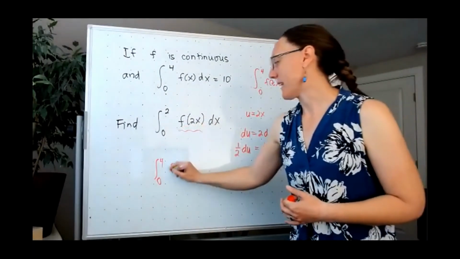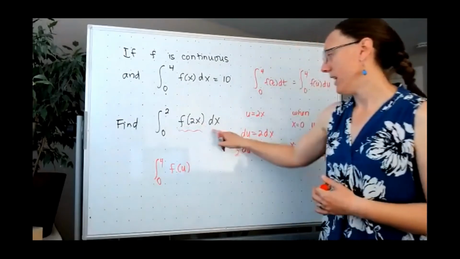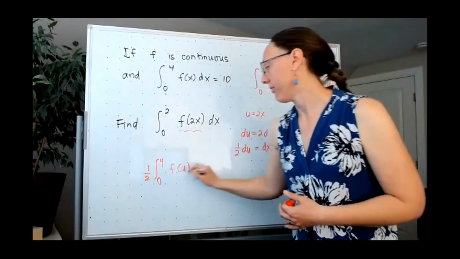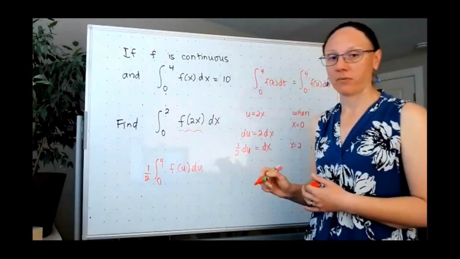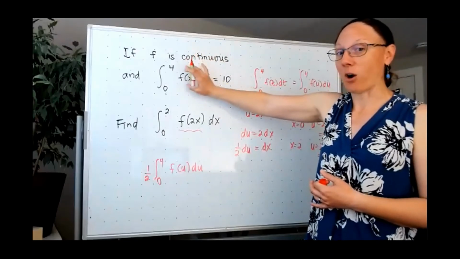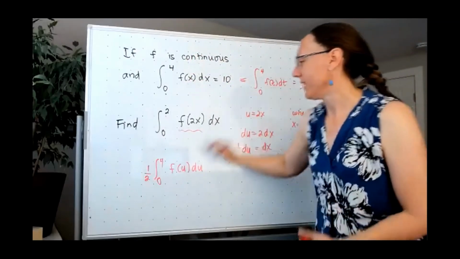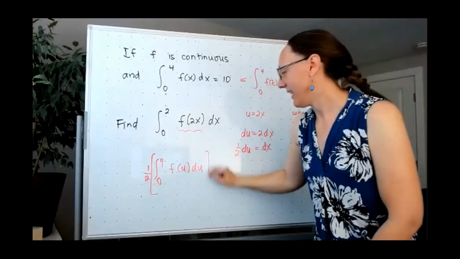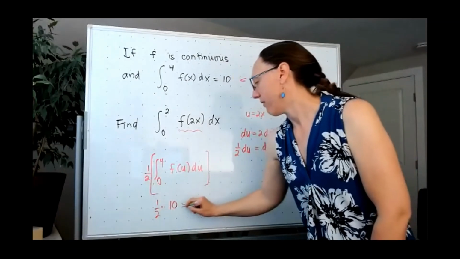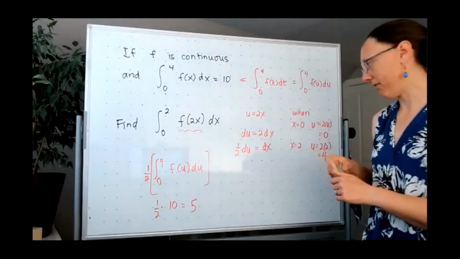This part becomes f of u, and dx becomes 1/2 of du. Because this choice of letters was completely arbitrary, this is equal to 10, and the final answer here would be 5.